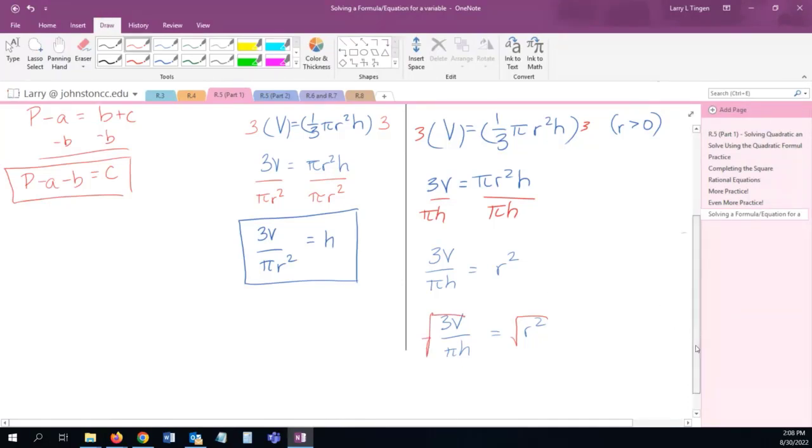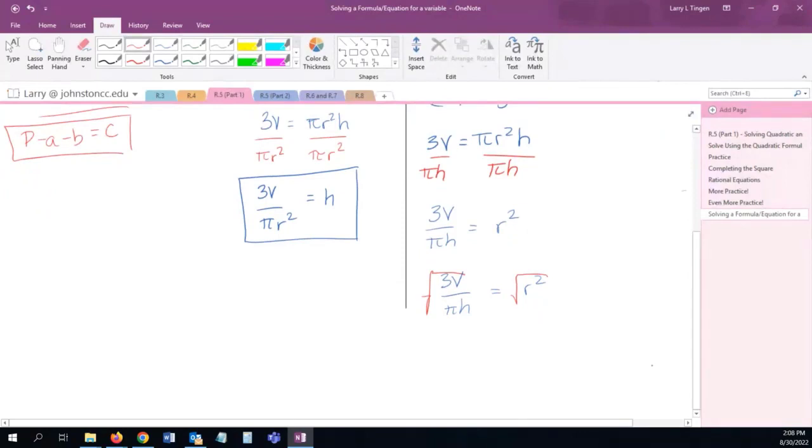And now this is where we get the question. Do I consider the positive and negative? Do I have to do the plus minus over here? The answer is no. And the reason I don't have to do the plus minus is that I was told at the beginning, since r is greater than 0, only consider positive solutions.